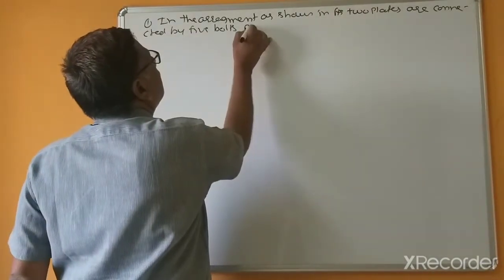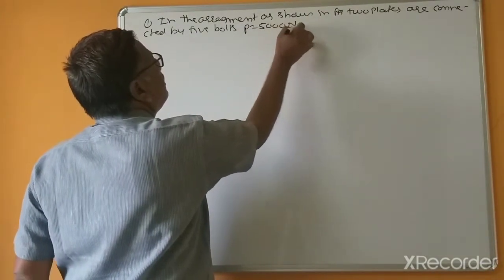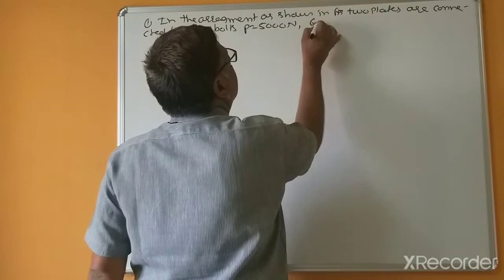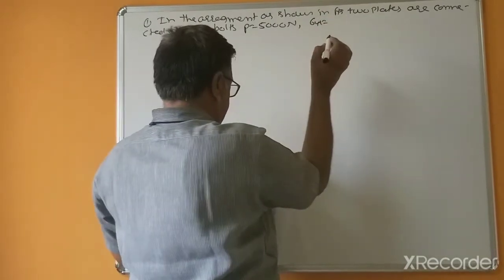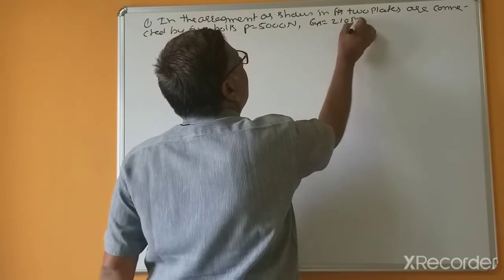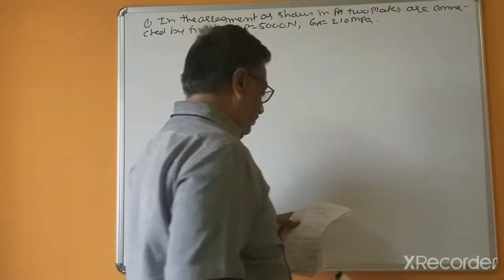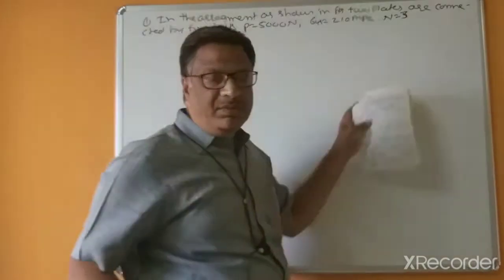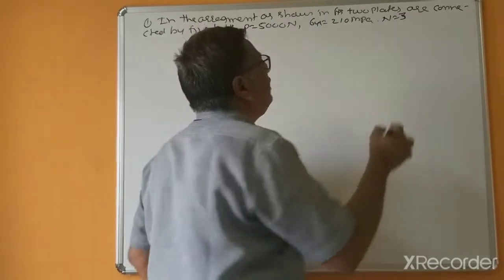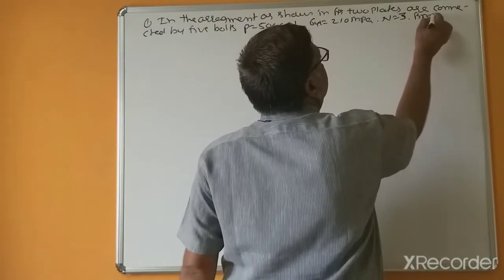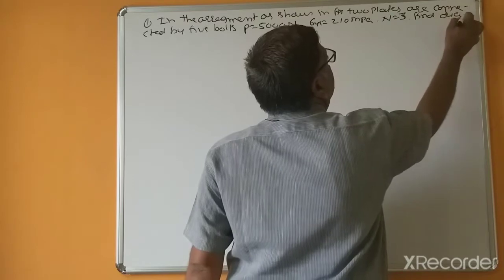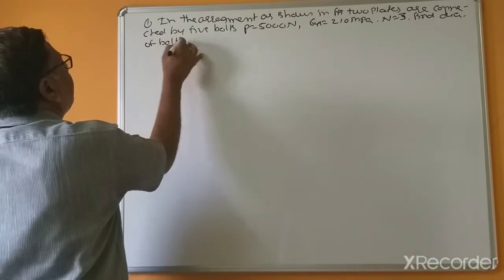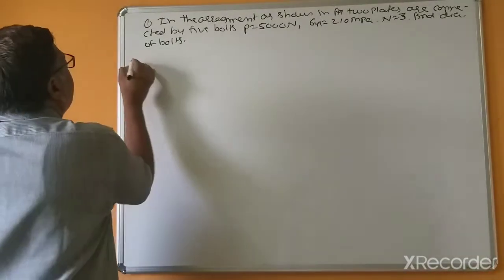P equal to 5000 Newton and sigma YT is given as 210 megapascal, N equal to 3. N equal to 3 means this is the factor of safety. Find the diameter of bolts. Figure given.